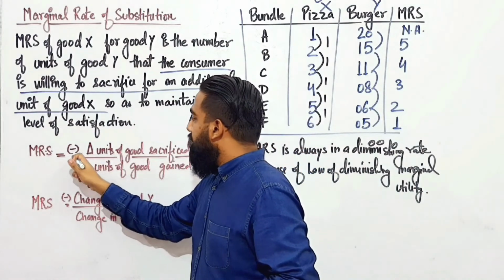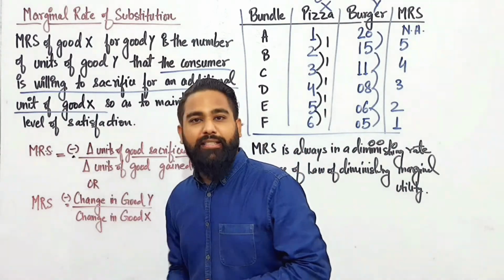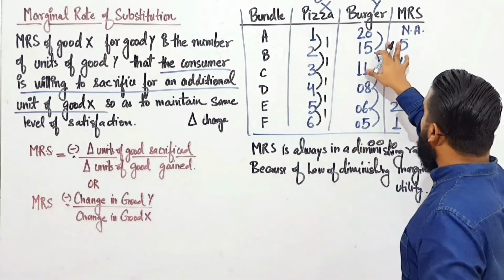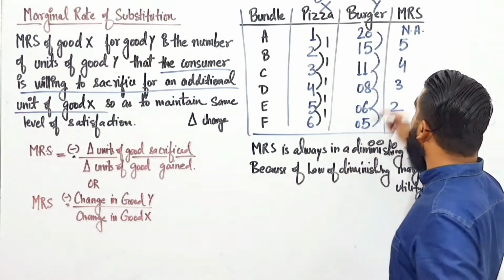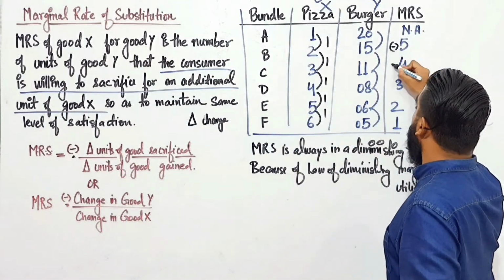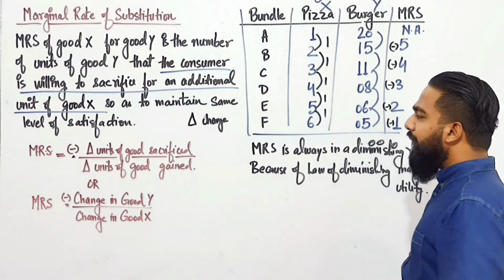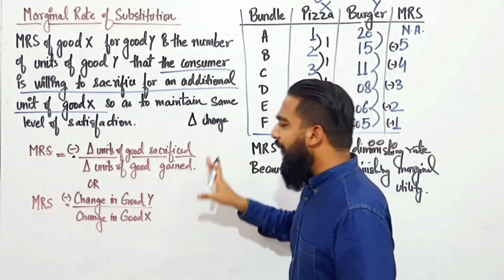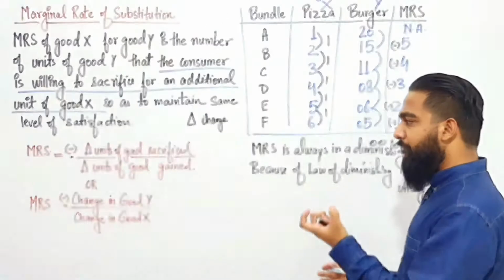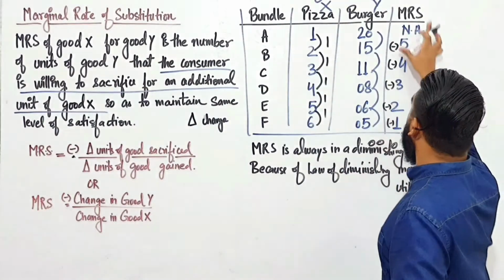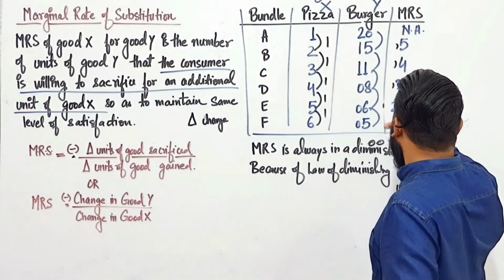Now, mathematically we put a minus sign because if you calculate the change in burgers, that will be -5 or -4 or -3 or -2 or -1. But the actual value which we show in MRS is in a positive sign. So we don't put a minus here.